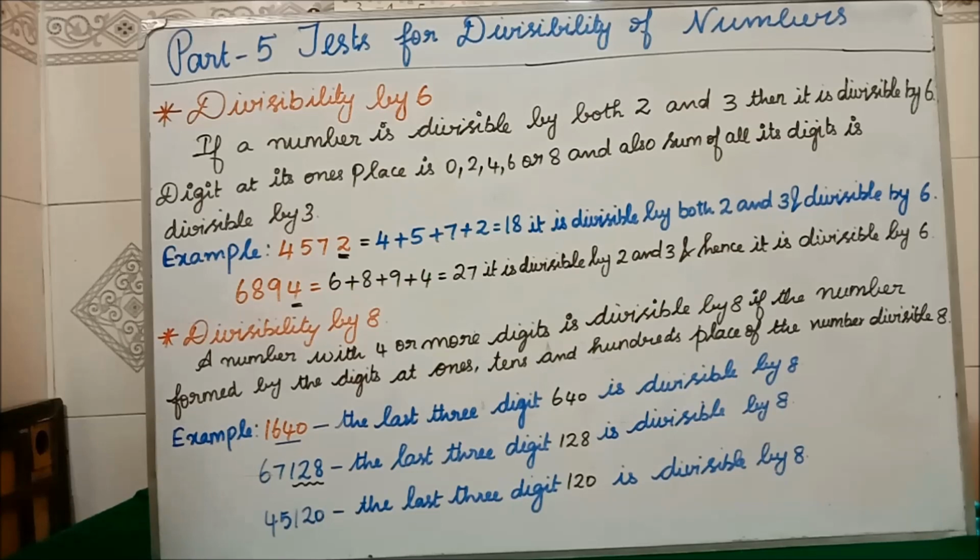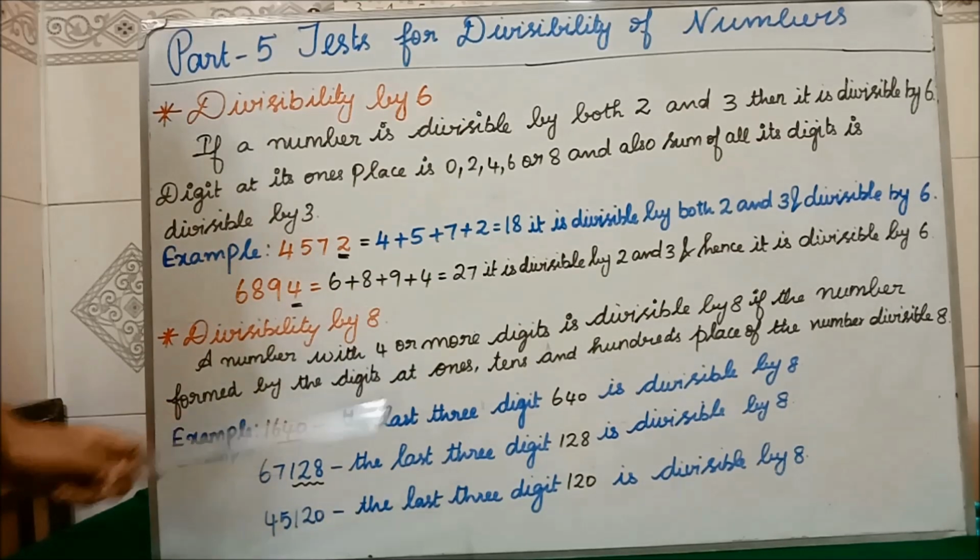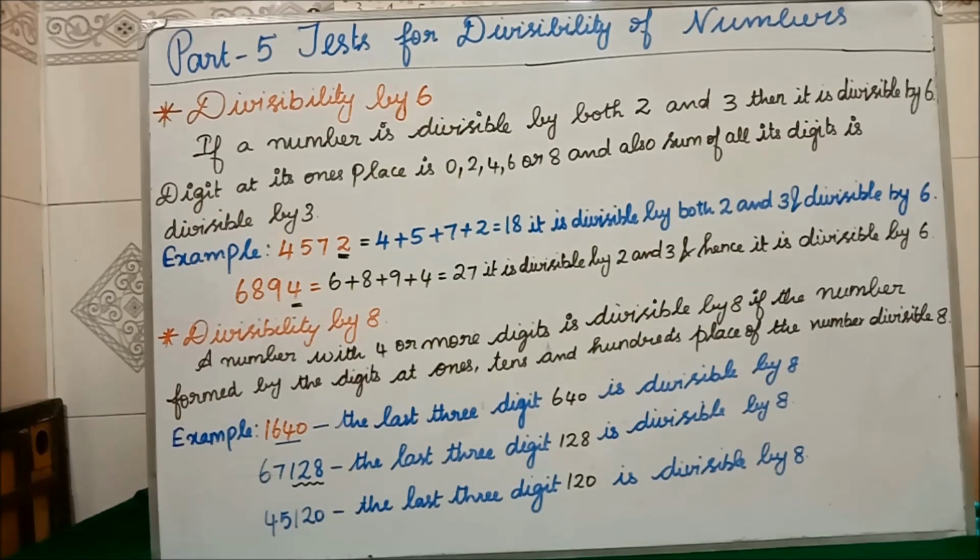Clear all of you? Now we go for divisibility by 8. For a number with 1, 2 or 3 digits, you have to do actual division only. A number with 4 or more digits is divisible by 8 if the number formed by the digits at the ones, tens and hundreds places is divisible by 8.